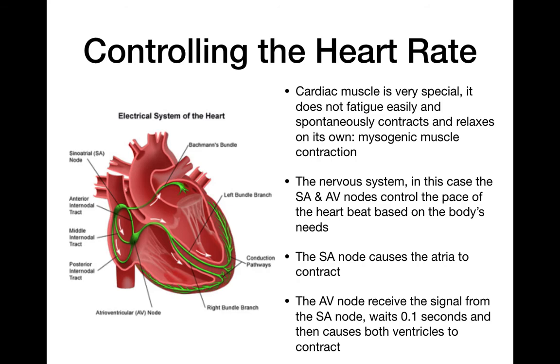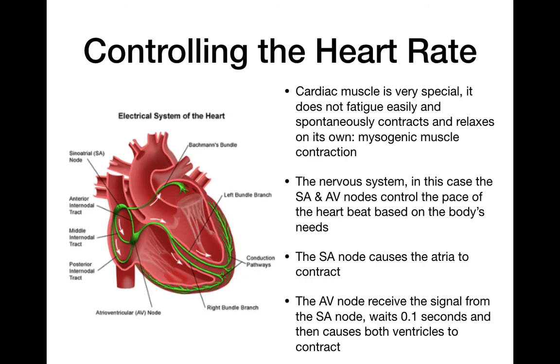You have the SA node up here, the sinoatrial node, and it will get a signal from your brain that tells the atria to contract. So both atria contract. And then the signal goes from the SA node to the AV node after 0.1 of a second, and then the ventricles both contract. It's a pretty quick system of regulating your heartbeat.